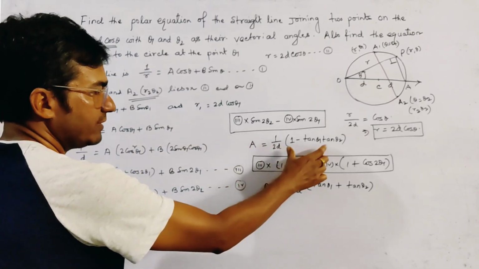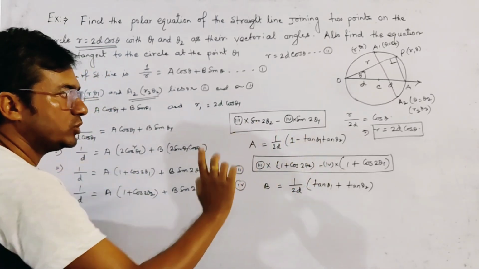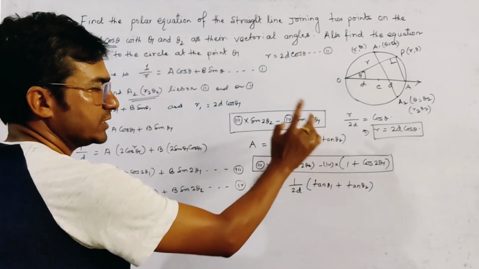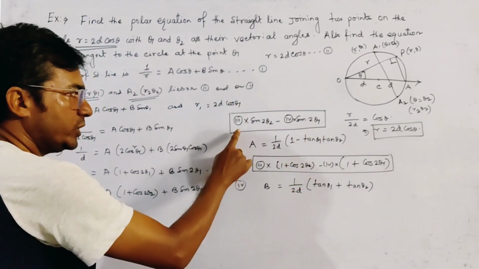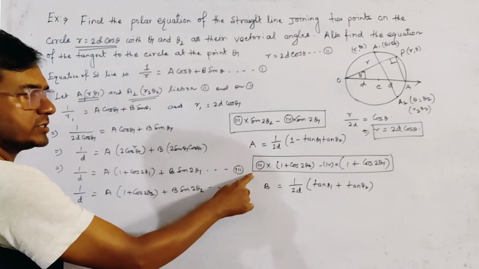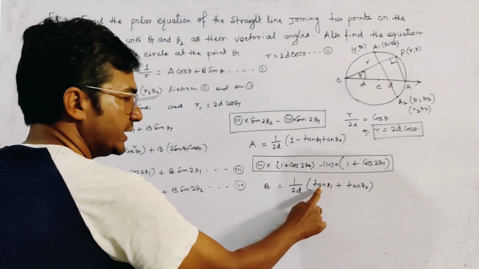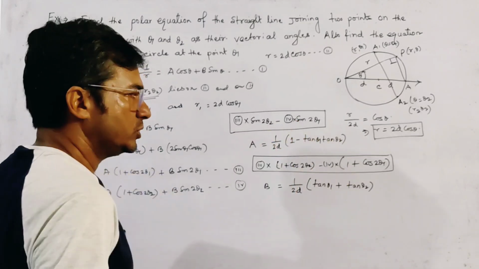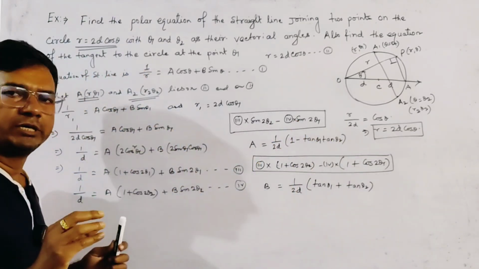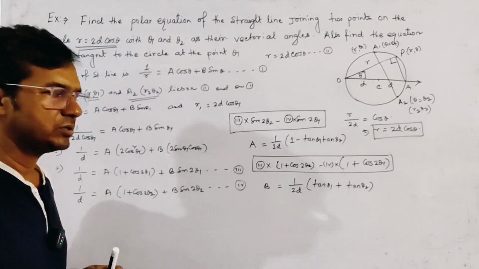Here the value of A is 1 by 2d into (1 minus tan theta 1 tan theta 2). Similarly, we make the same type of operation and get the value of B, which is 1 by 2d into (tan theta 1 plus tan theta 2). These two values are obtained by two or three lines of calculation.